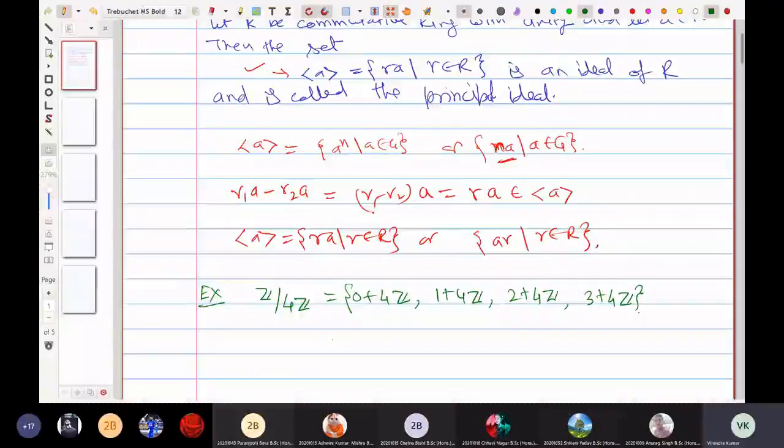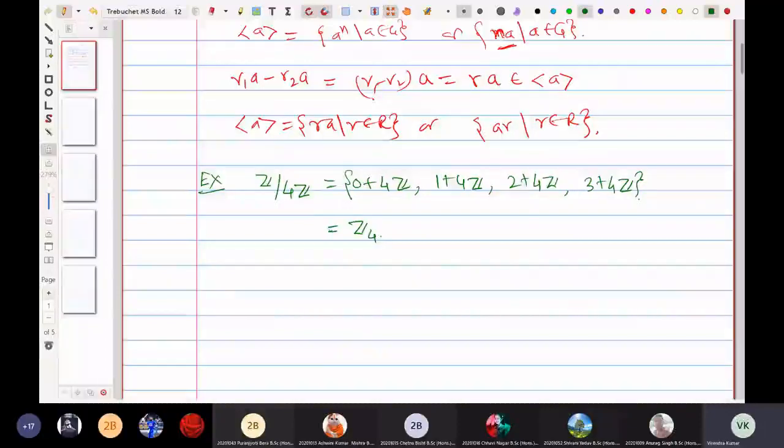Essentially, this is going to be our Z4. I mean to say that they are not equal, but it is isomorphic to Z4.